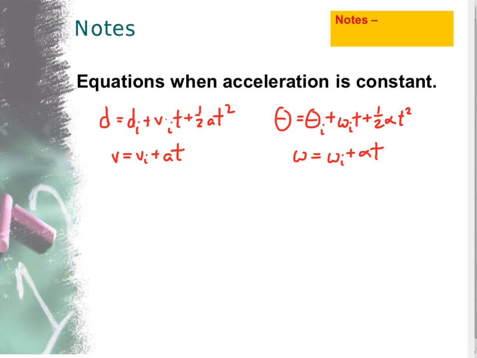You just have to memorize these equations and then remember that you change d to theta, you change v to omega, and you change a to alpha. Linear distance, angular distance or angular displacement, velocity, angular velocity, acceleration, and angular acceleration.